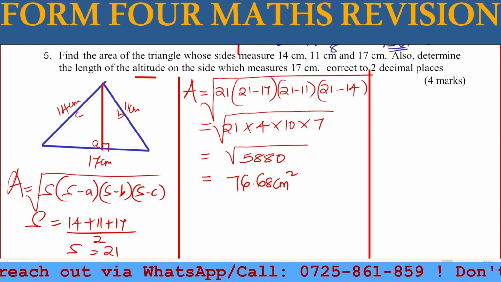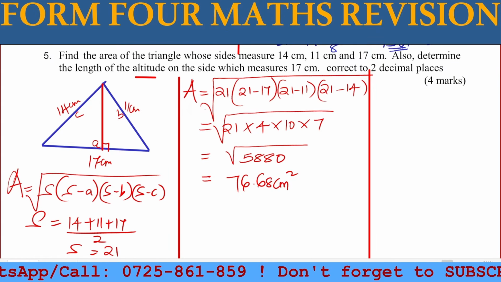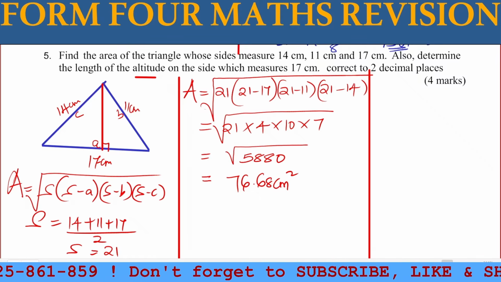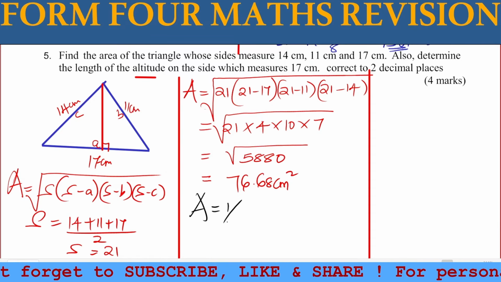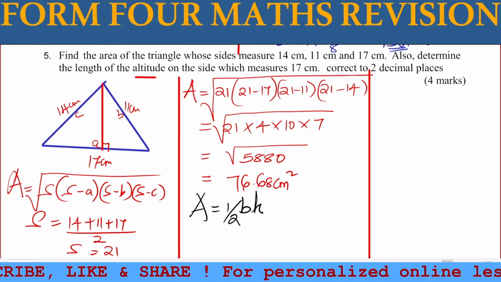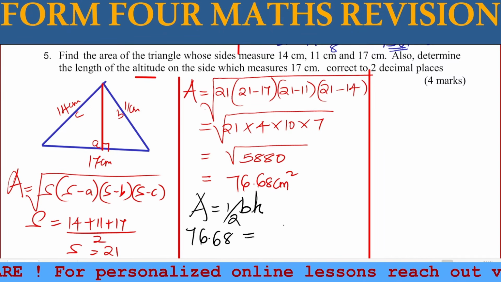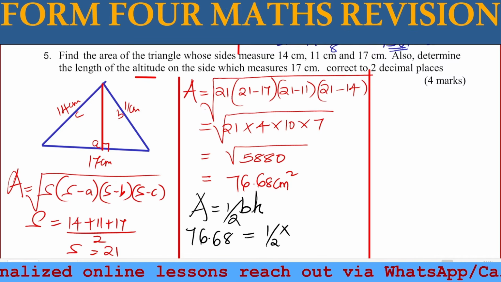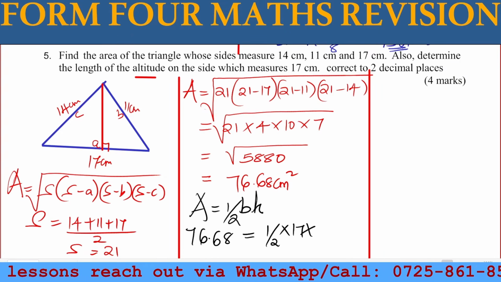Now to get that height, we can simply use the area that we have already obtained, and that will help us. Why? Because when getting the area of the triangle, we still can use another formula, a half multiplied by the base multiplied by the perpendicular height. Since we have the area, which is 76.68, we take a half, multiply by the base. We use the base as 17, and then we multiply by the height.